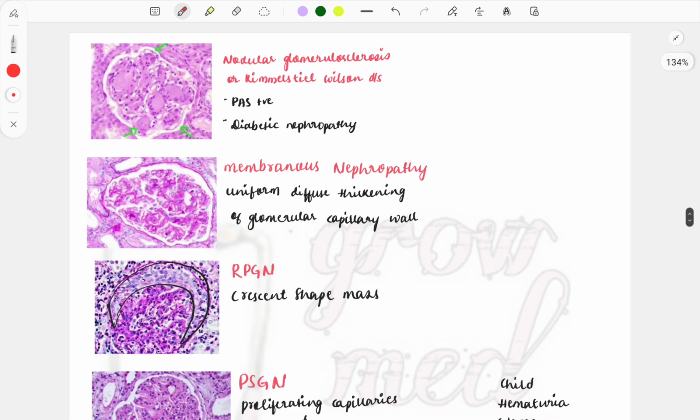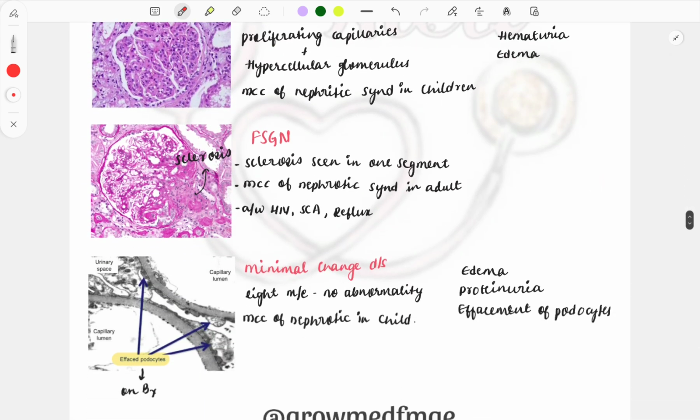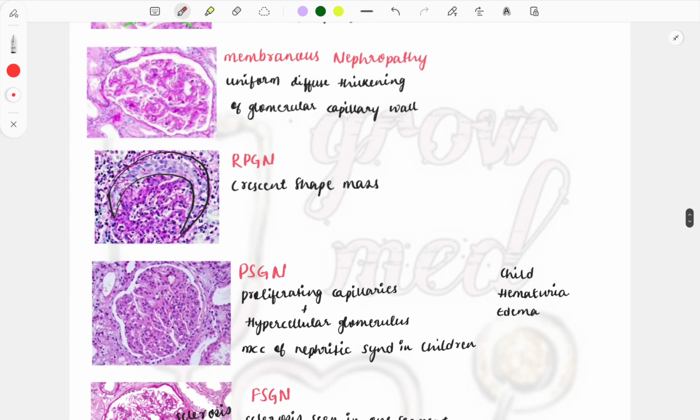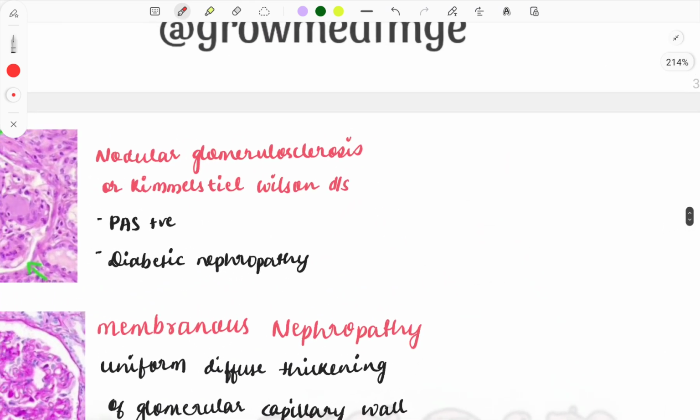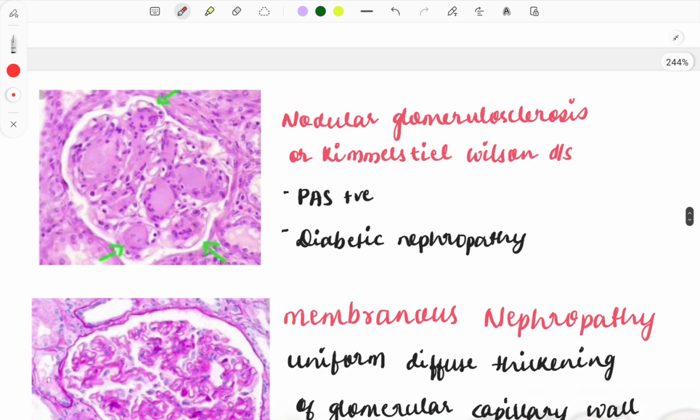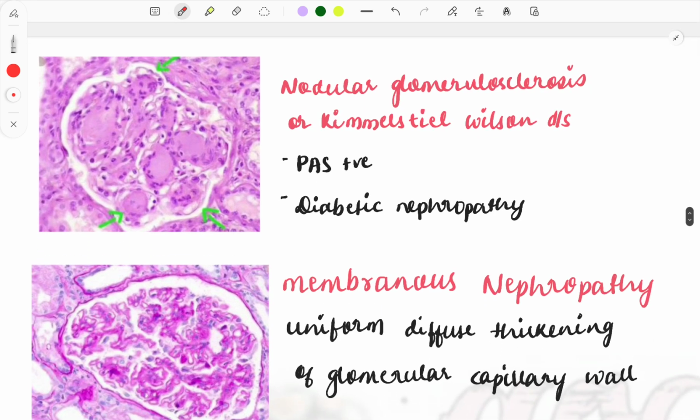Okay, this is very important, and in pathology integration, questions have frequently been asked on this. So the first image is of nodular glomerulosclerosis, also the Kimmelstiel-Wilson disease, and a classical finding with diabetic nephropathy.